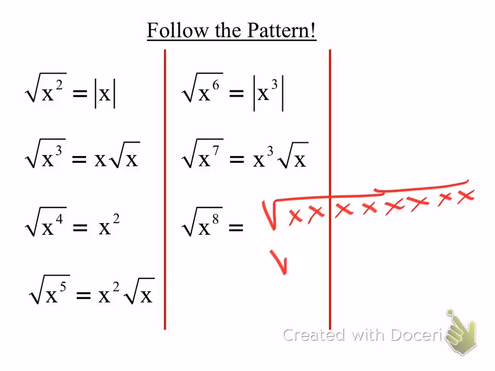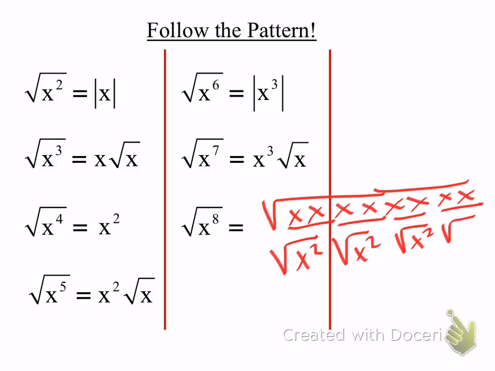And we said every 2 make up an x squared, right? So what's the square root of that? I wasn't saying the final. Okay. X, that, X, that, X, and that.